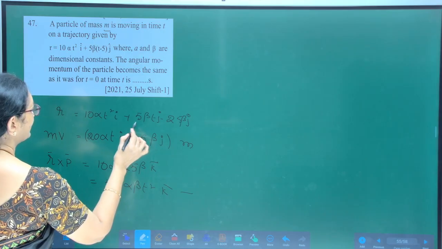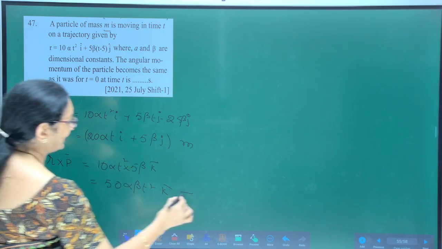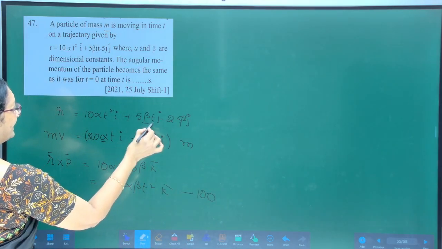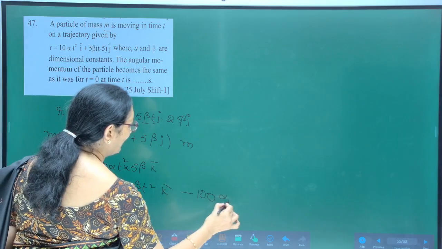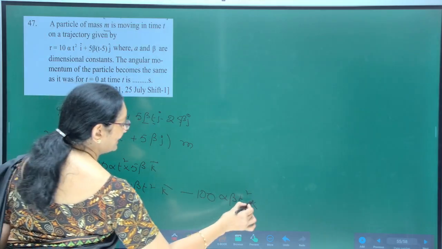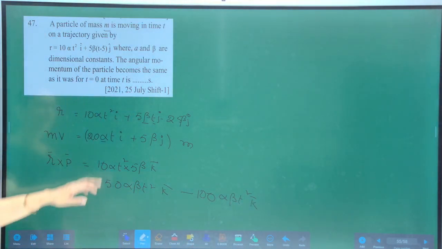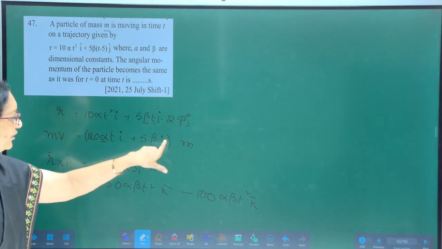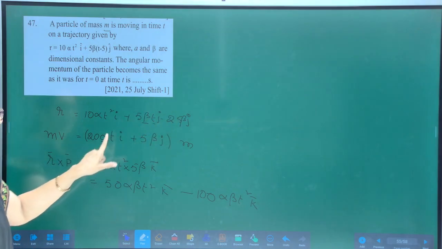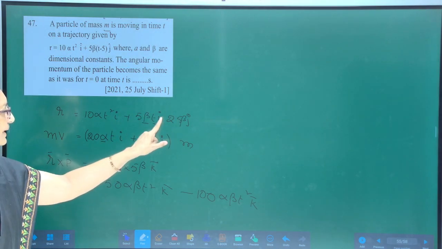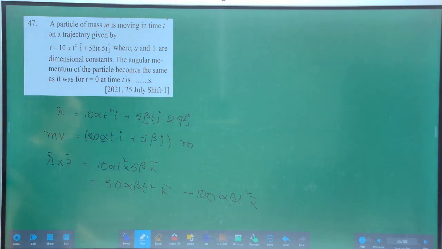So, minus 5 into 20, 100 alpha beta t square, j cross i is minus k bar. Next, j cross j is 0, and minus j cross i is minus k, minus of minus becomes plus k.